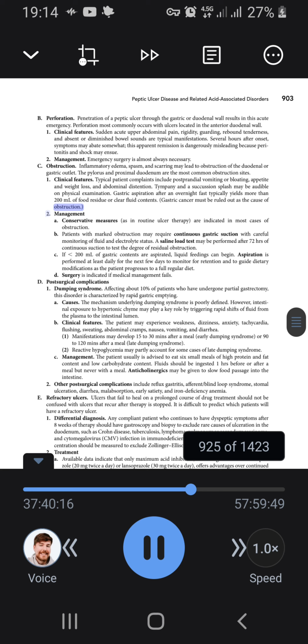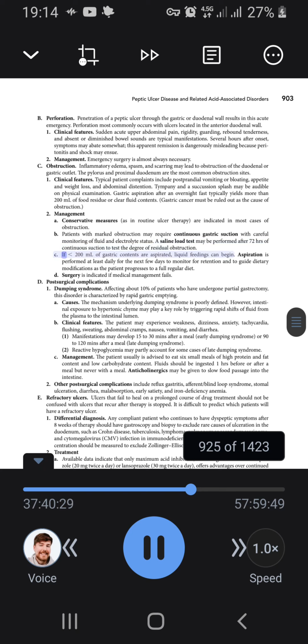2. Management. A. Conservative measures, as in routine ulcer therapy, are indicated in most cases of obstruction. B. Patients with marked obstruction may require continuous gastric suction with careful monitoring of fluid and electrolyte status. A saline load test may be performed after 72 hours of continuous suction to test the degree of residual obstruction.